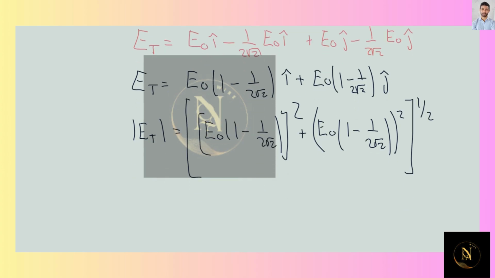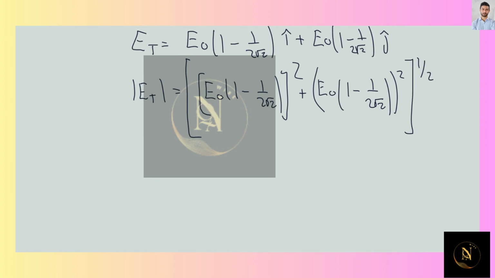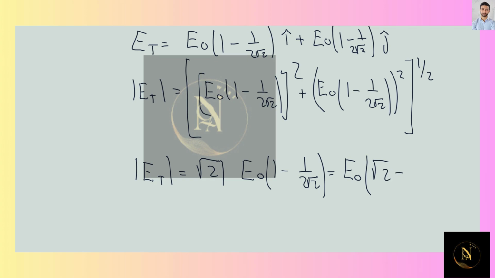Just doing some algebra, we're going to have a quantity squared plus the same quantity squared. We're going to take the square root, so the magnitude of Et is going to be equal to square root of 2 times E0 times 1 minus 1 over 2 square root of 2, which gives us a magnitude of E0 times square root of 2 minus 1/2.